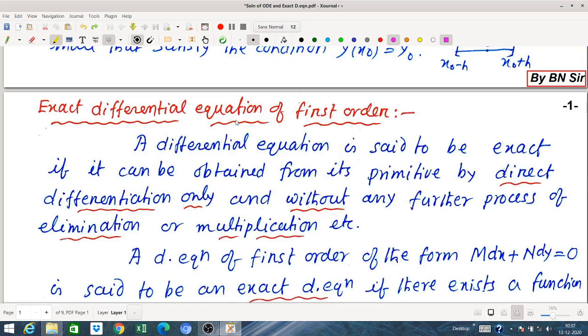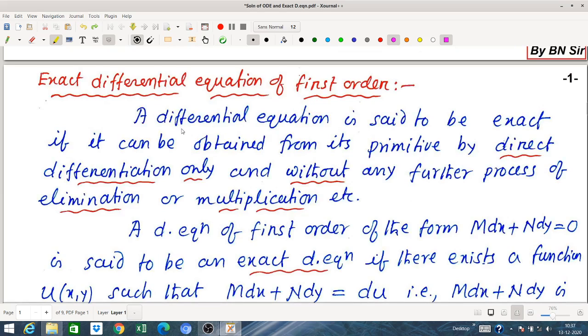Now we come to our first chapter of the syllabus, exact differential equation of first order. A differential equation is said to be exact if it can be obtained from its primitive by direct differentiation only and without any further process of elimination or multiplication, etc. Although I have not mentioned any order, our syllabus is for first order, so differential equation here means first order, but the definition is true for any order.